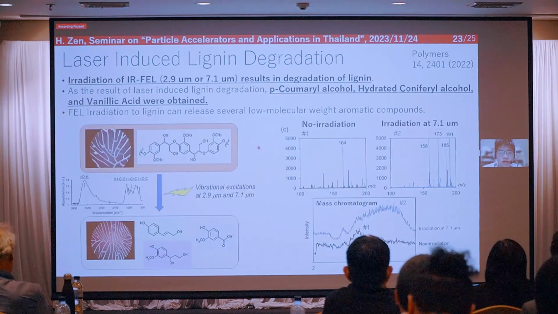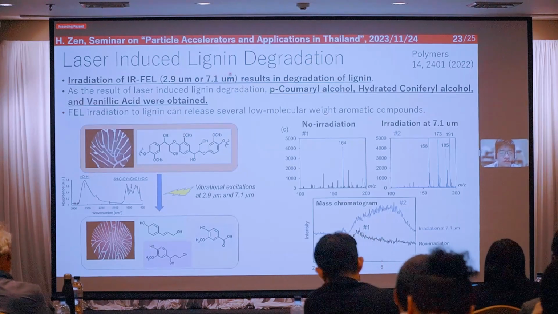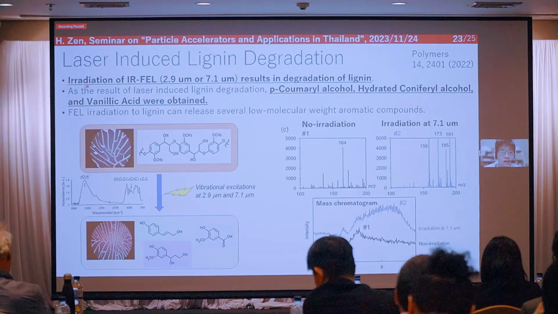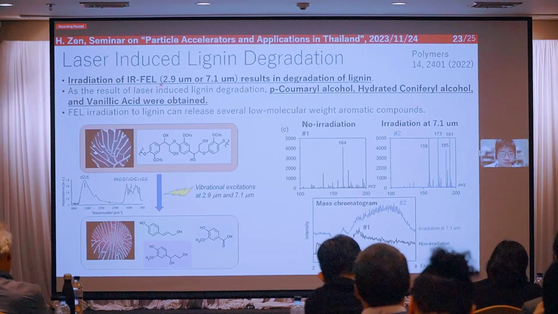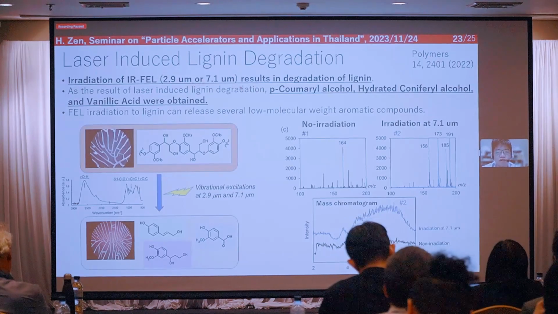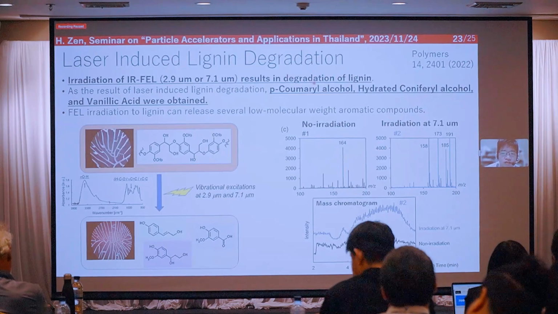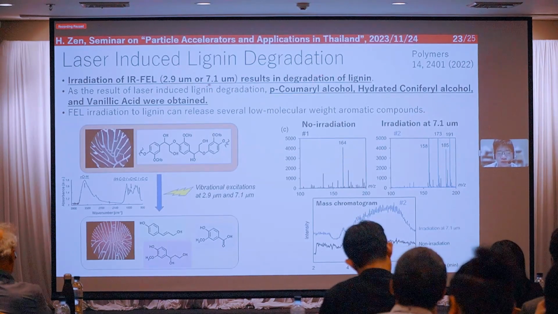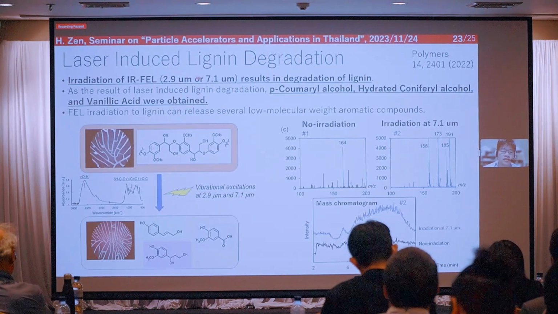A similar experiment was performed also for lignin, also a biomass. This time they irradiated 2.9 micrometer or 7.1 micrometer FEL to the lignin to degrade the sample. And 2.9 micrometer cannot be generated in our facility, so another FEL facility in Nihon University was used for this purpose.